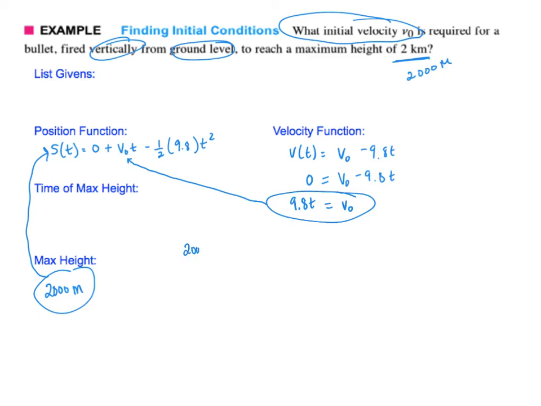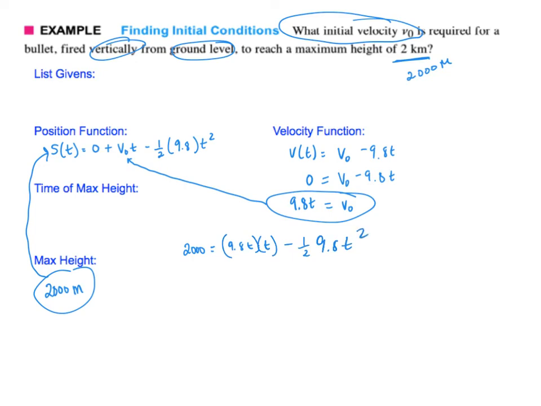So 2,000 equals 9.8t minus 1/2 times 9.8t squared. So 2,000, oops, I missed a variable here. Let me go back. The 9.8t goes in for the v sub 0. There's still another t attached to it, and that's what I forgot to write. And then minus 1/2 9.8t squared.